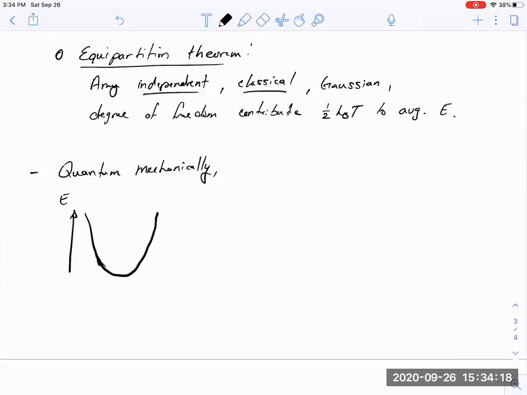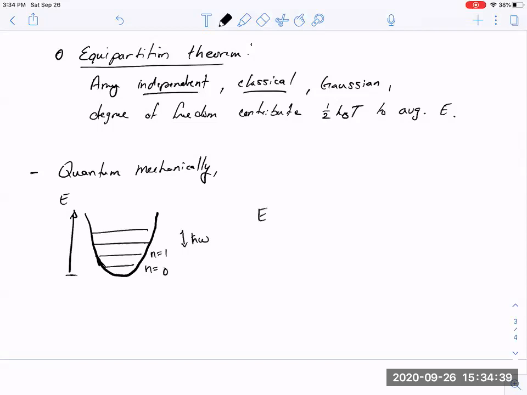So if that's my potential, I know the energy levels for a harmonic oscillator look something like that. Well, this is some n=0 state, this is some n=1 state, and each one of those energy levels is separated by the same amount, h bar omega.